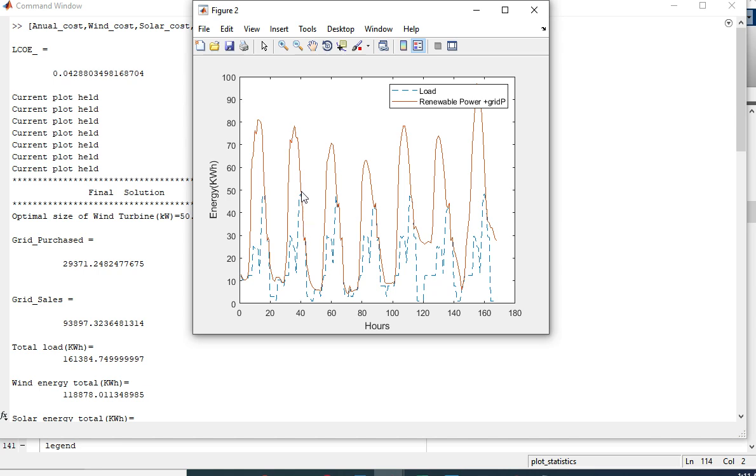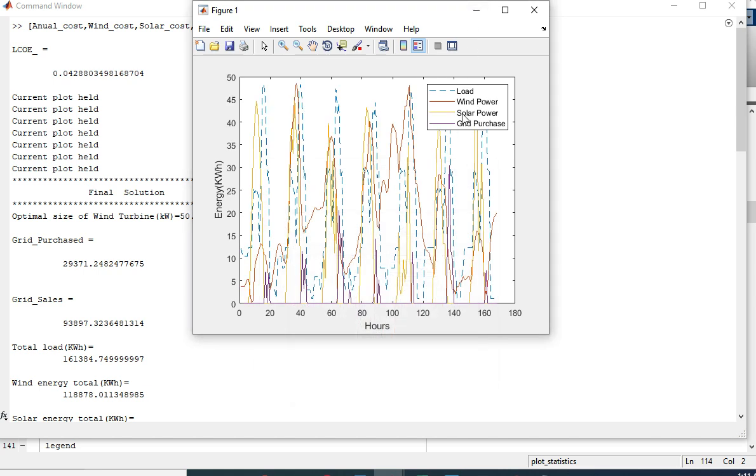In other cases, the energy has to be taken to meet this load in these off timings, like this one, because in these sections the red line is just above the load line. So this graph indicates that the load is met at each and every hour.